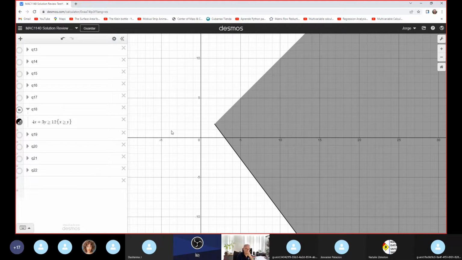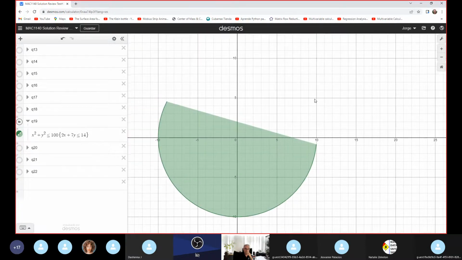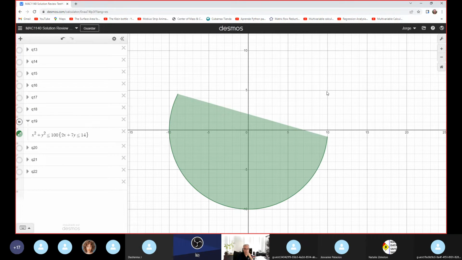So likewise, I don't want to switch into the whiteboard anymore. I want to see 19 and 20. Okay, 19 and 20 is a circle on the line. Look at that. I put it in green color. In this case, guys, it's option C in the handout.